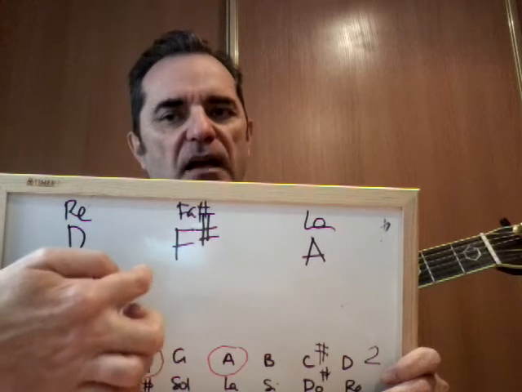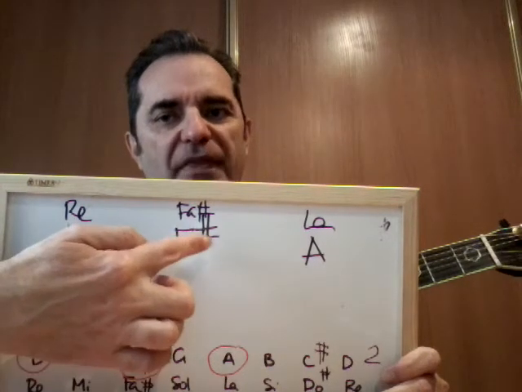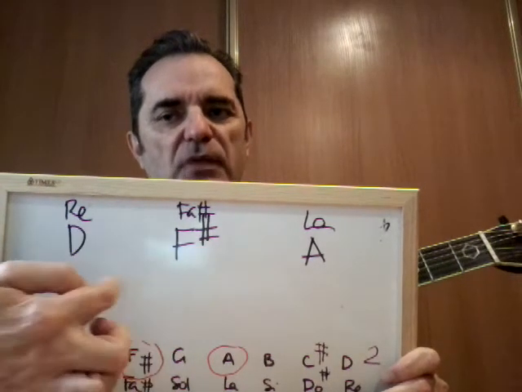Now we've got F without the sharp, so we'll have D, F, and A. Because now it's not sharp. I have reduced the distance.